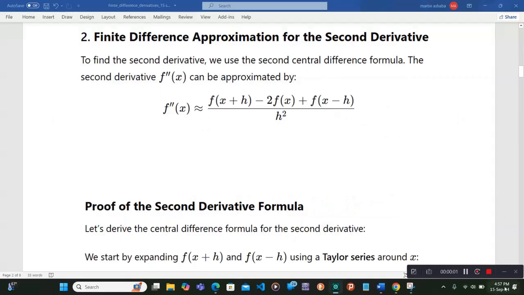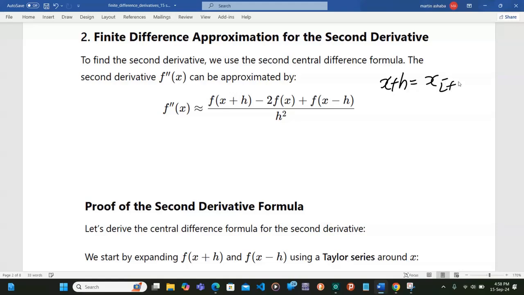The second derivative, getting it from finite difference approximation, we shall find that it is approximately equal to f of x plus h minus 2f of x plus f of x minus h, whereby x plus h is the same as x_{i+1} and x minus h is the same as x_{i-1}.